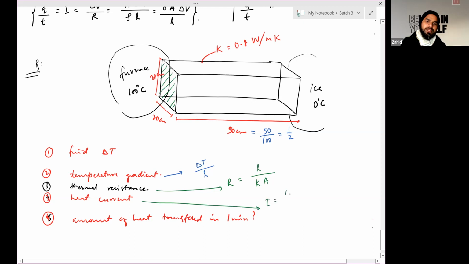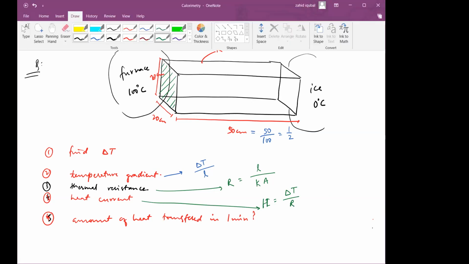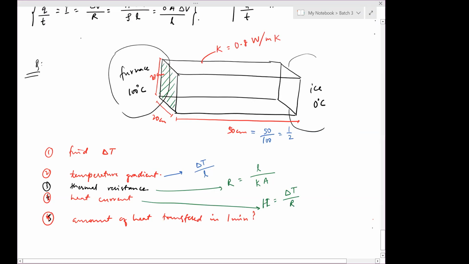Current equals temperature difference by resistance. Try to find these.